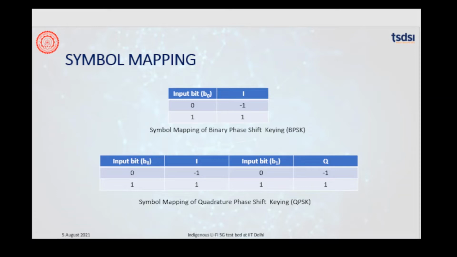So 2 bits are required to map all the 4 possible symbols from bit to symbol. So we have bit B0, which has the same mapping as BPSK, and bit B1 will have the same mapping as bit B0. So by using all the I and Q combinations, we can obtain all the 4 bit to symbol combinations.